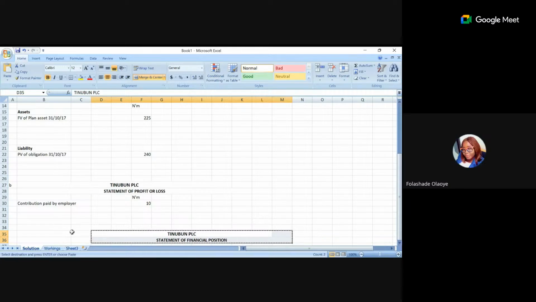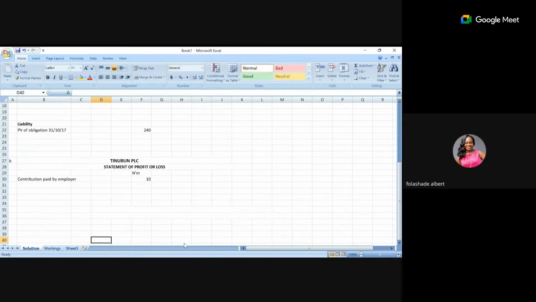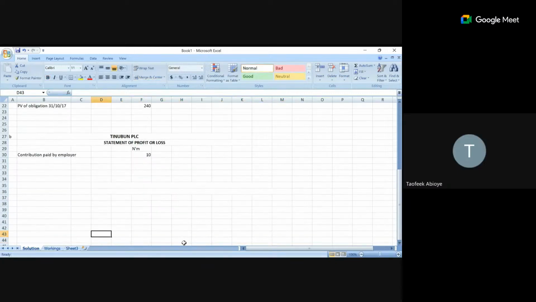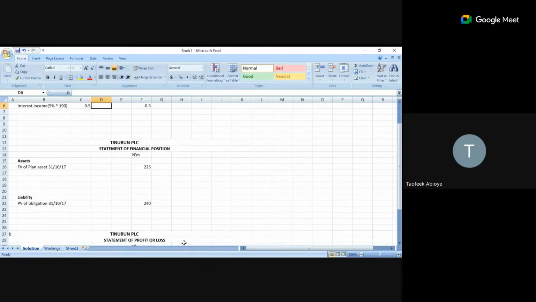That means it has been paid. So contribution paid, you just put it to the bank.